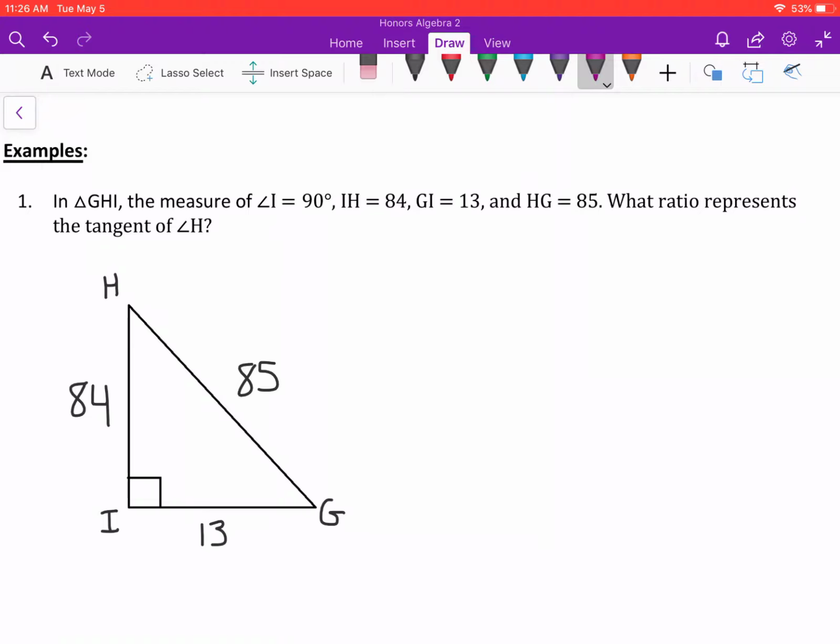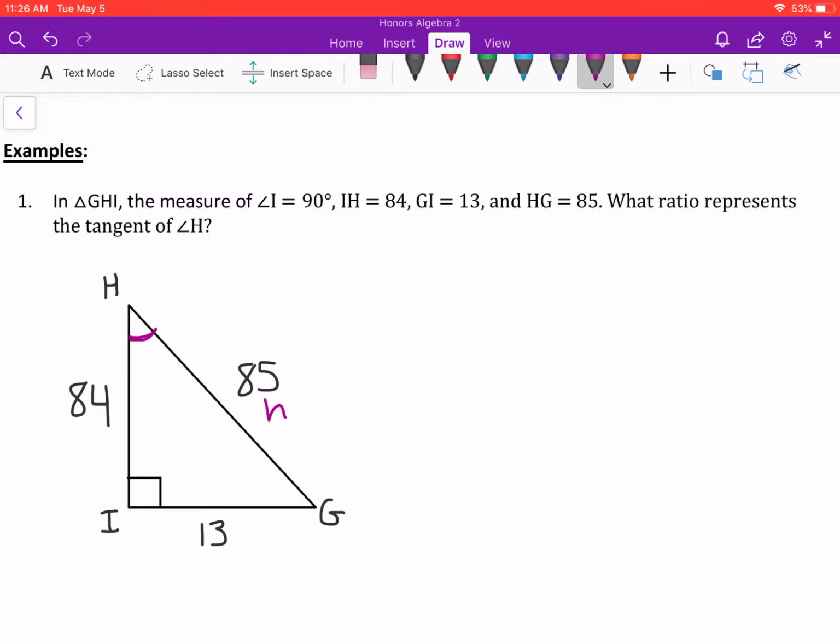So we're looking over here at angle H. First thing we need to do is figure out what is the hypotenuse, the adjacent, and the opposite. Last week when we were doing this, we were only using that lower right-hand corner angle. This is a different angle. We haven't done it from this direction yet. To label the hypotenuse, it's still going to be the side that's across from the right angle.